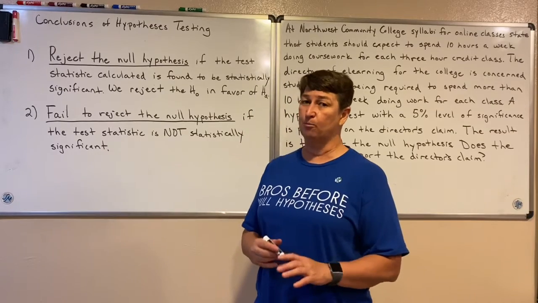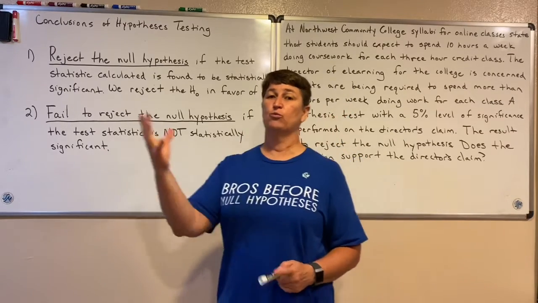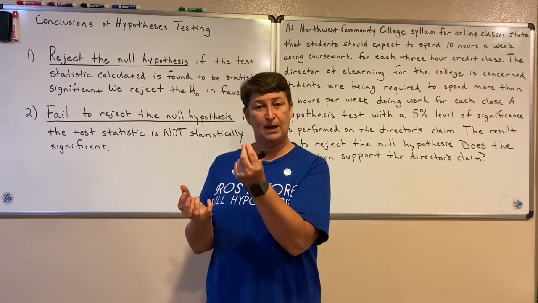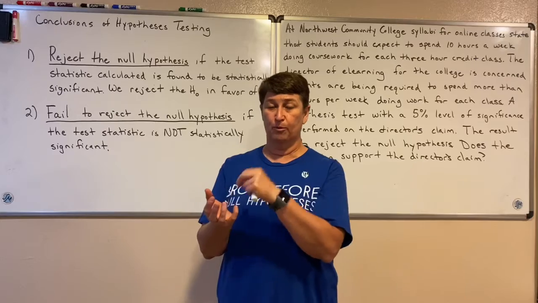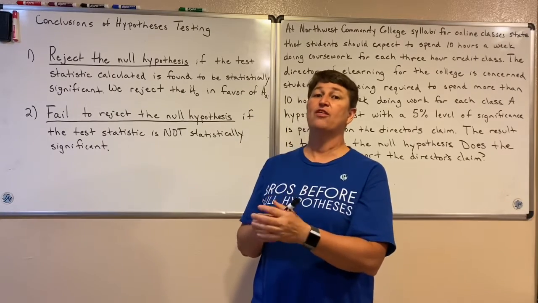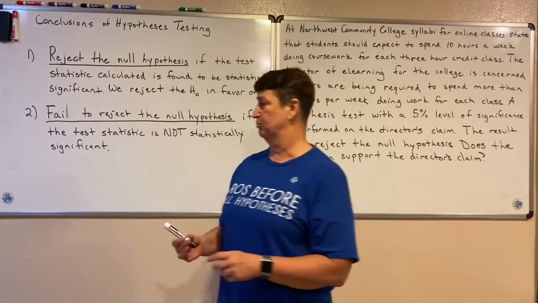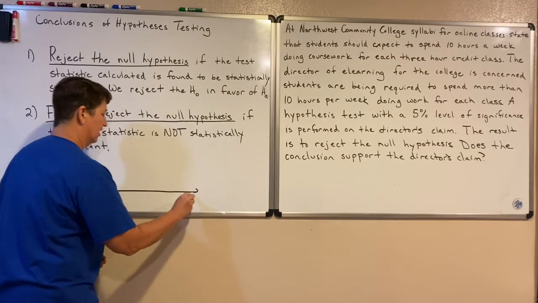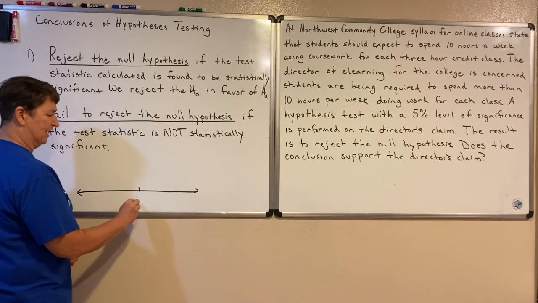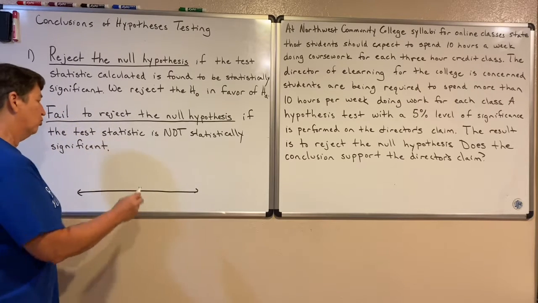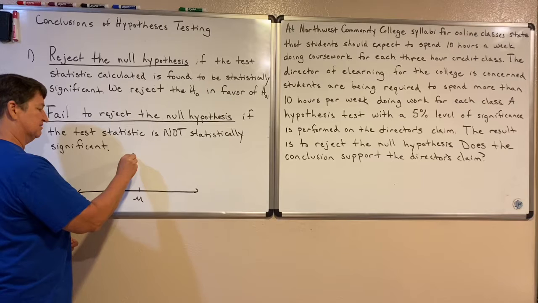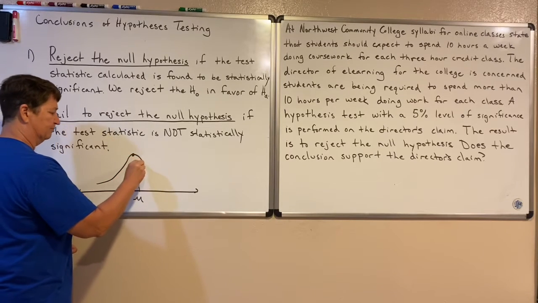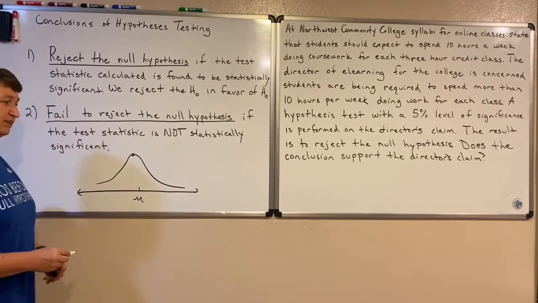Let me give you a small picture to deal with. We know that when we go out and collect a sample and we find a mean from that sample or a proportion from that sample, that's part of a sampling distribution. So if we have our sampling distribution and we take the mean of that sampling distribution, we know our test statistic falls into that sampling distribution.